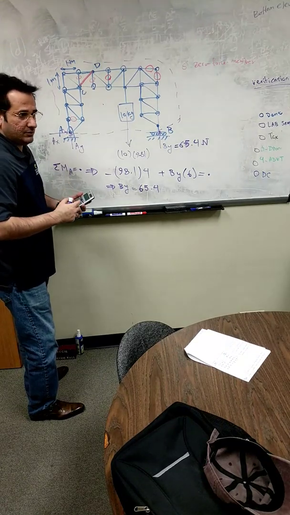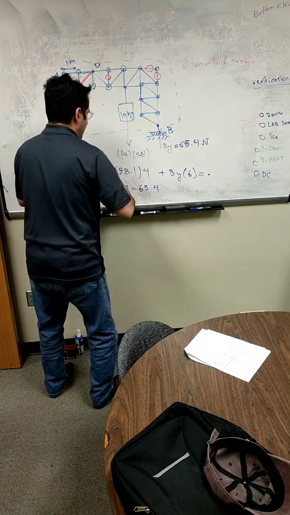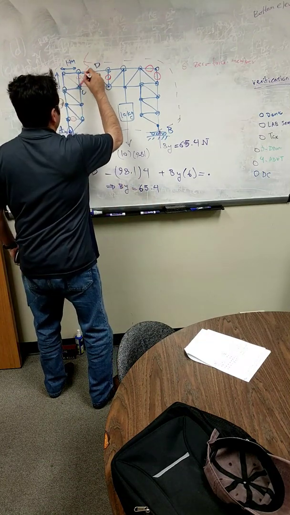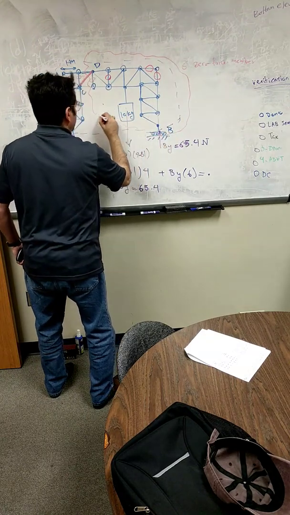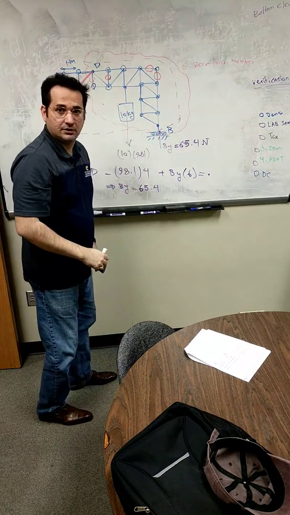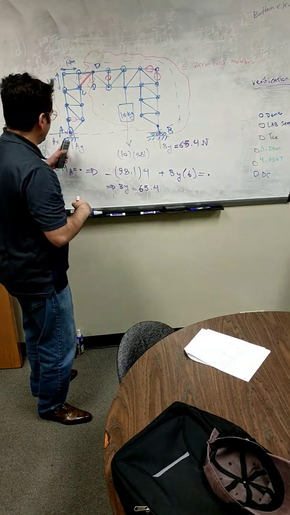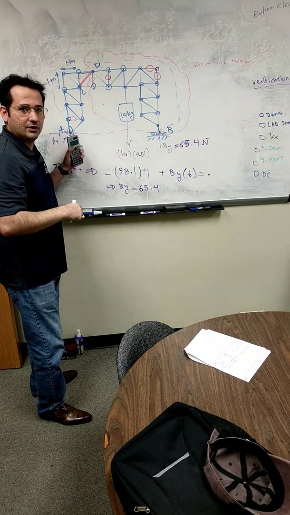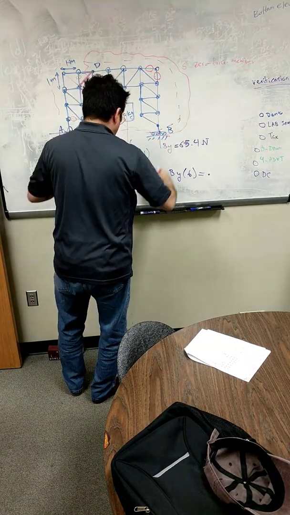The answer is no, because if I use the method of sections, in other words, if I cut it here and take only the right part, I have nothing to do with the left part. So that's the reason it saves time. I won't find X and Y. I'll just immediately go to the right structure.